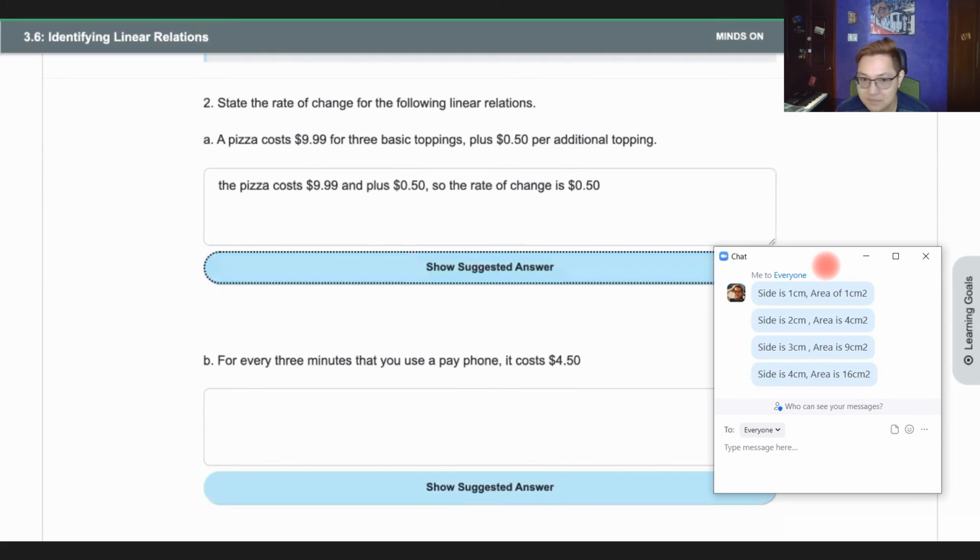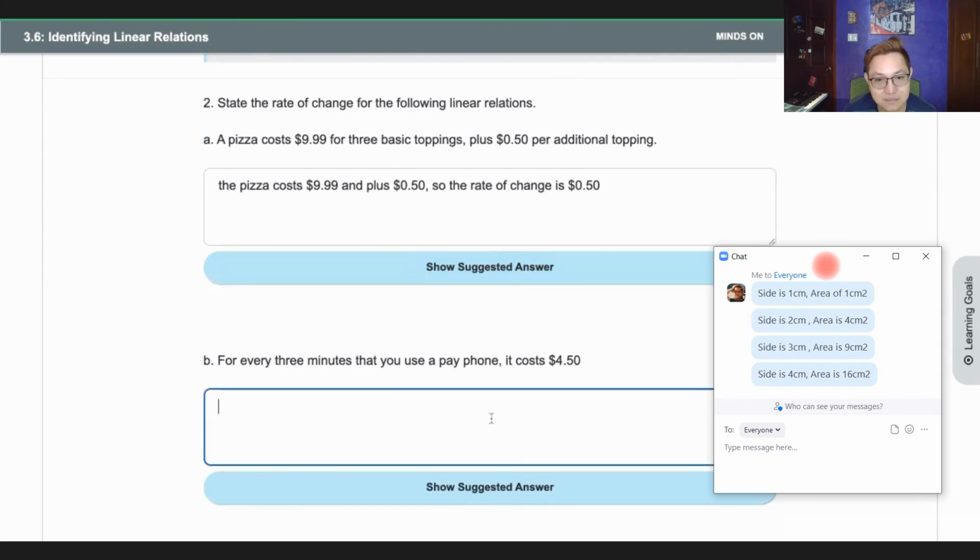For every 3 minutes that you use a payphone, it costs $4.50. Who uses a payphone anyway? I mean, these days people don't use payphones anymore. It's just in America.